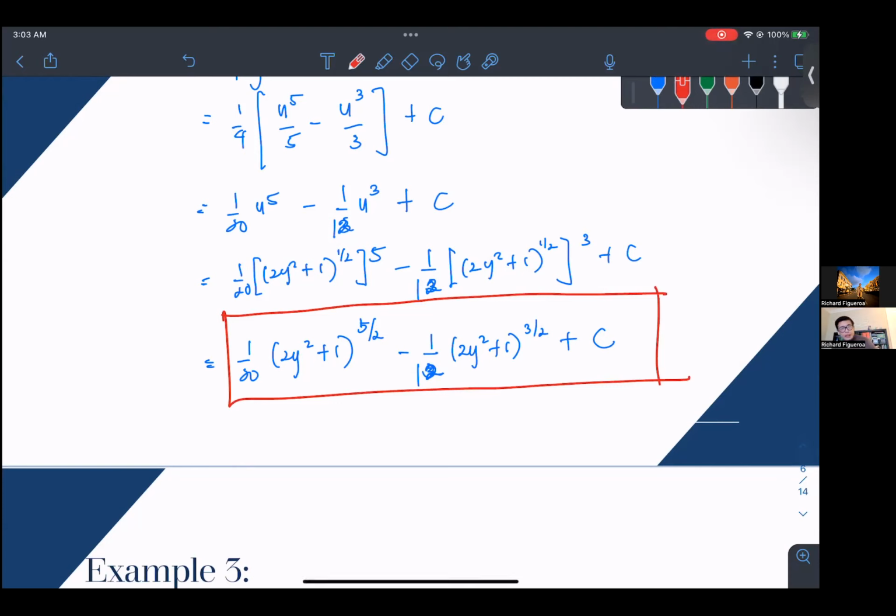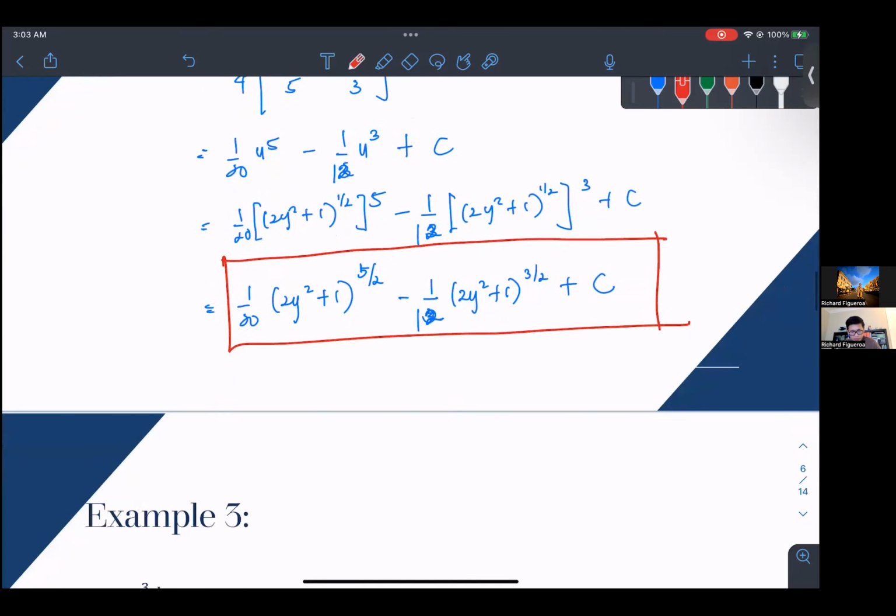So that is our final answer then. So 1 over 20, 2y squared plus 1 raised to 5 over 2, minus 1 over 12, 2y squared plus 1 raised to 3 all over 2 plus c. Okay. So let's have the next one.